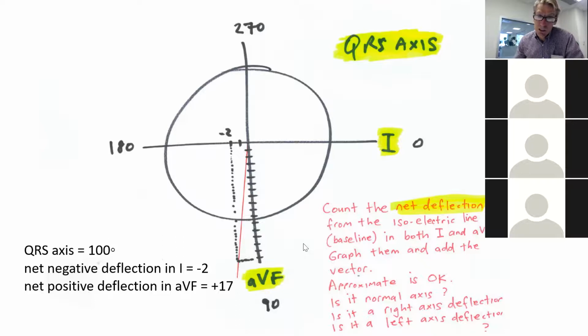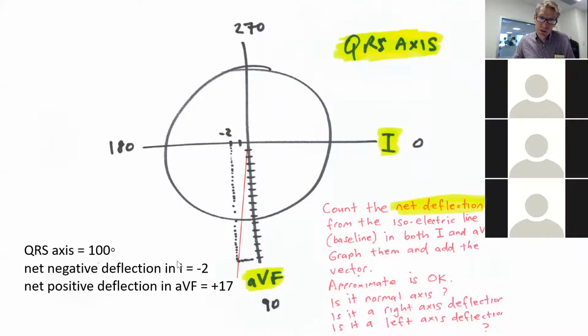But for a child, up to the age of about 2 or 3, it's normal to have a QRS axis that's beyond 90 degrees. The reason is that children, especially in the first few months of life, have higher pulmonary vascular resistance, and so their right heart is more dominant than it is in an adult. Their left heart is still stronger, but their right heart is relatively a bit more dominant, all right?